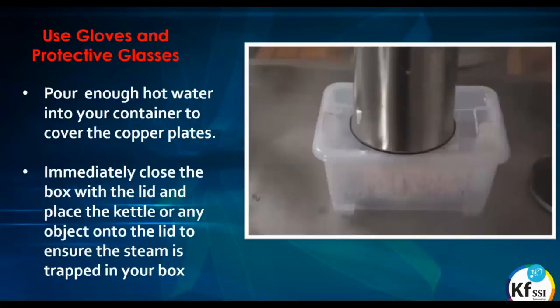So you need to pour enough water in there so that you're covering your copper plates completely, and then immediately close the box with a lid, and even if you just put your kettle straight back on there or anything else, just so that you can trap that steam in your box.